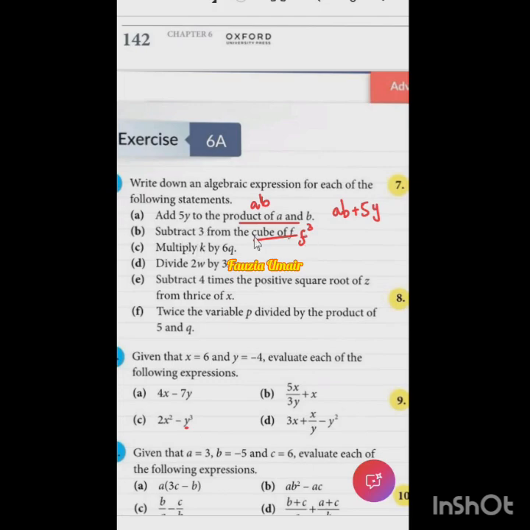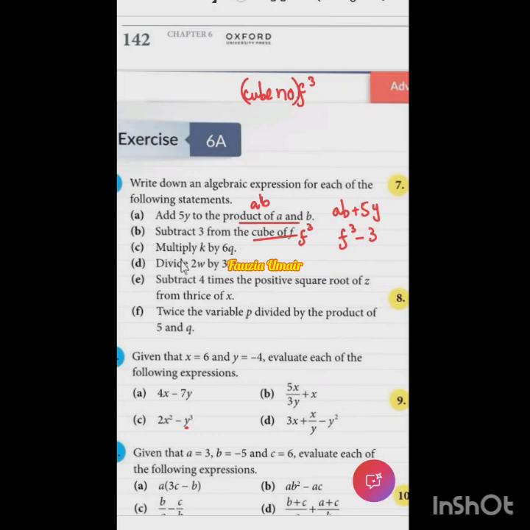Subtract 3 from f cube, so f cube minus 3, right? Remember those cube and square numbers. f cube is a cube number.